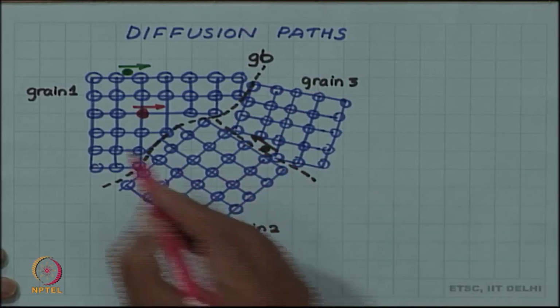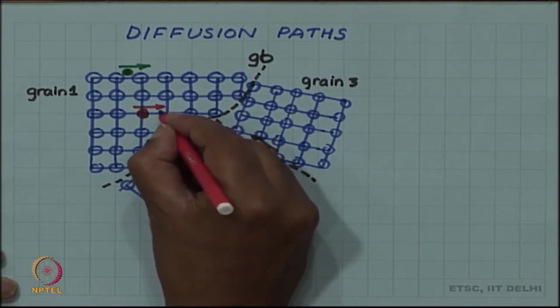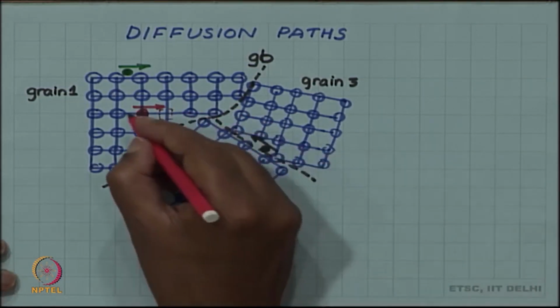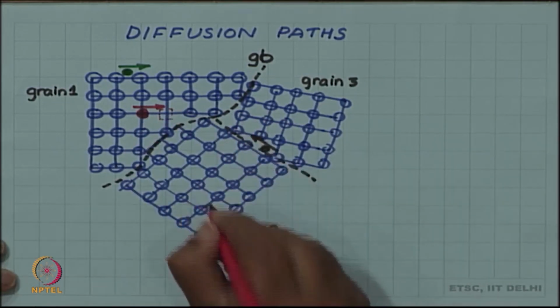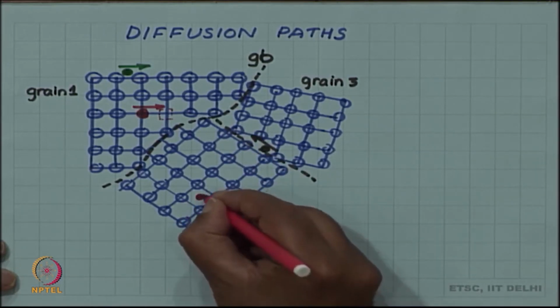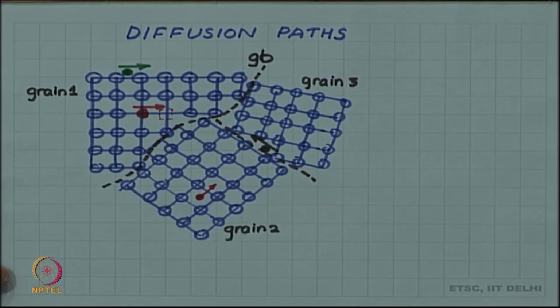Our substitutional atom was sitting inside the lattice, and with the help of some vacant site which I have shown here, it can jump from one lattice site to another, causing substitutional diffusion. Or if we had an interstitial atom, then that also will jump from one interstitial site to another interstitial site inside the lattice.